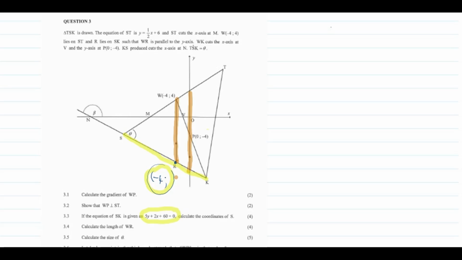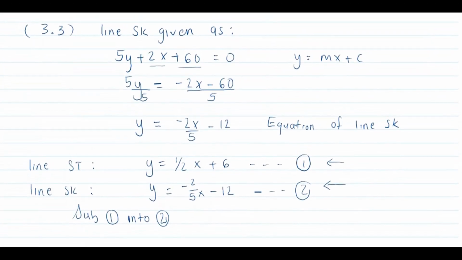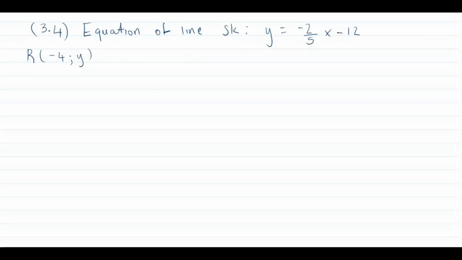Okay, so we know that the equation of SK is this equation here. You remember, guys? I said it's this equation here, which is y is equal to -2x over 5 minus 12. So we know that the equation of our line SK is y is equal to -2 over 5 x minus 12, and we know the x coordinate of our R, which is -4.